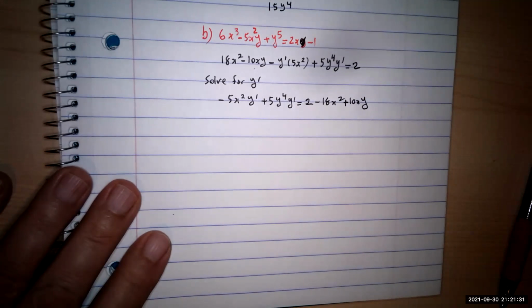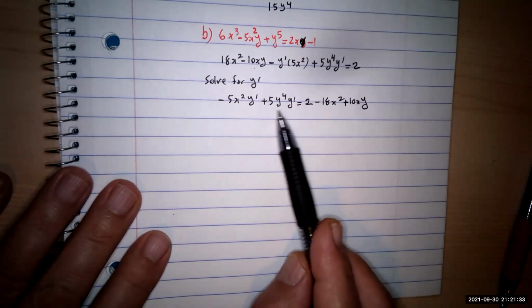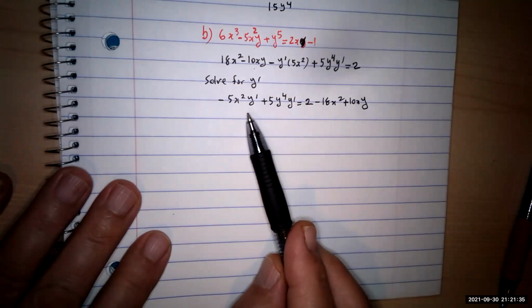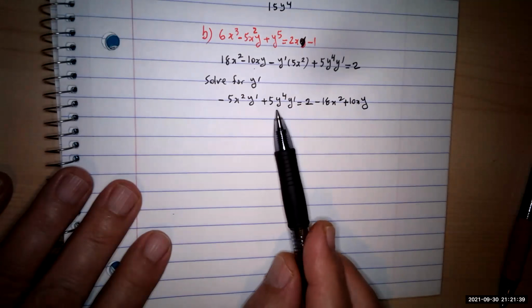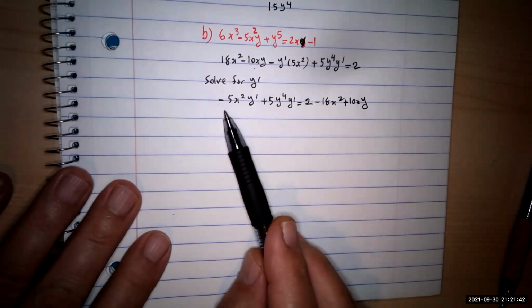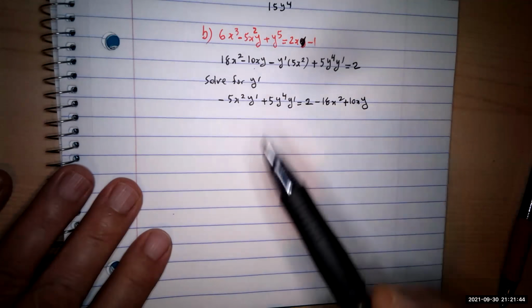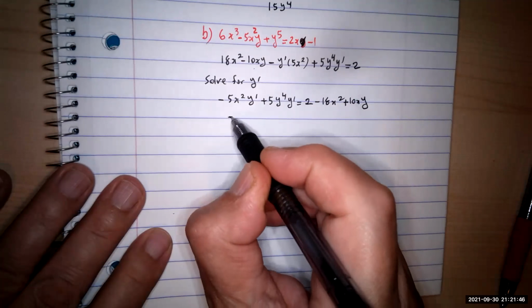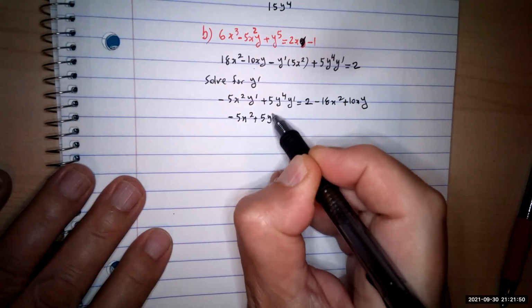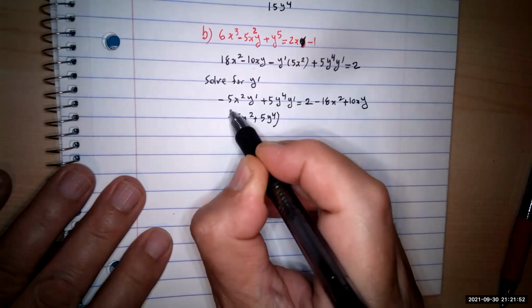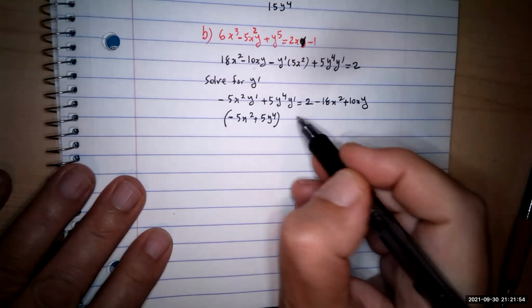Now the difference is that you have two y prime terms here. You cannot add or subtract them, so you factor out the y prime because you need the coefficient of the y prime. So you can rewrite it as negative 5x squared plus 5y to the fourth, times y prime. It doesn't matter whether it's on the right or the left.